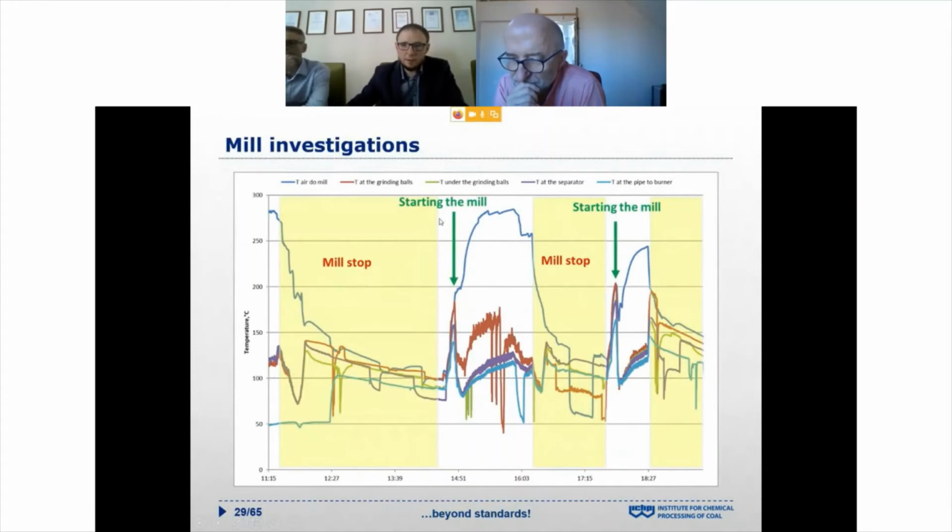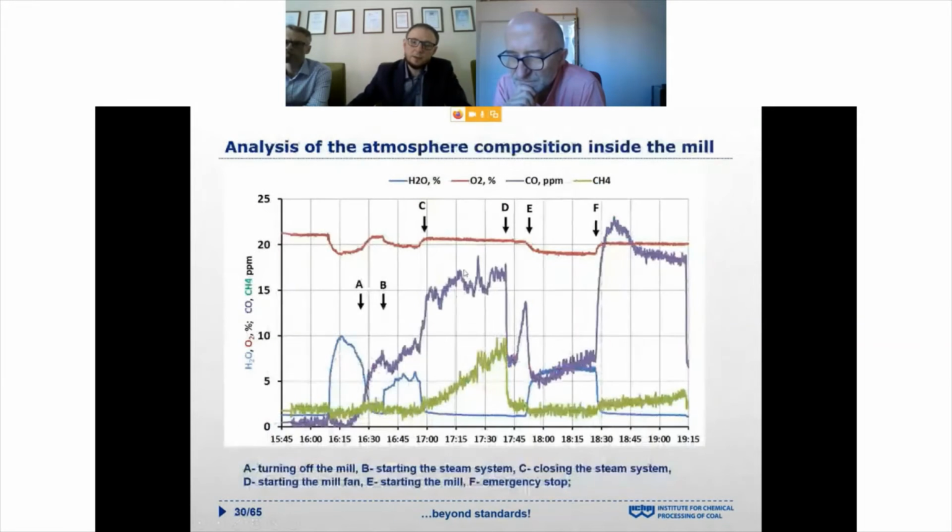We notice that in specific accidents, especially when the mill is turned on or turned off or started up, the temperature can increase at such specific points.